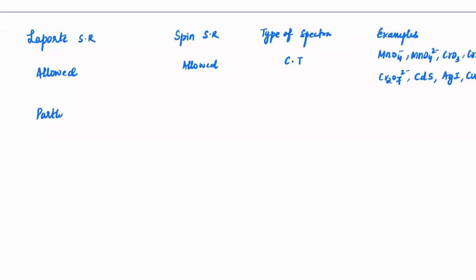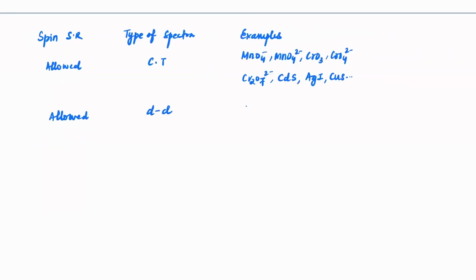This partly followed is because their orbitals are not pure. They are usually p-d mixing orbitals. So p and d mixed orbitals are present, and spin is still allowed. That case usually happens with d-d transition. Cases like CoCl4 2 minus, CoBr4 2 minus. Okay, clear. So this one.